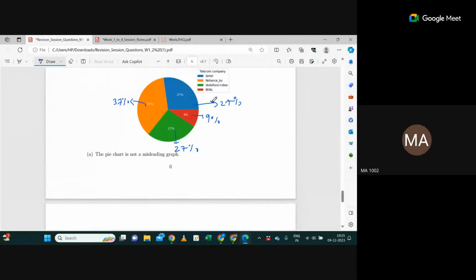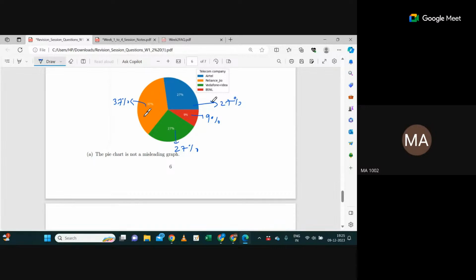So tell me, is this misleading? What do you mean by misleading or the area principle? It should add up to 100. It's not adding up to 100. I think it is adding up to 100.